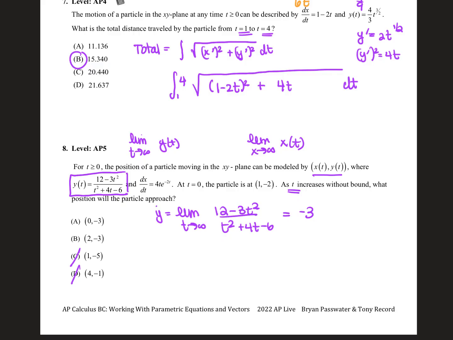Now we've got to find what x is going to. Currently, we only have dx/dt, but we also have an initial condition, so we know where it's starting. So if I want to find a relationship for x of t, that is going to be the integral of dx/dt. As we integrate that, it's by parts.